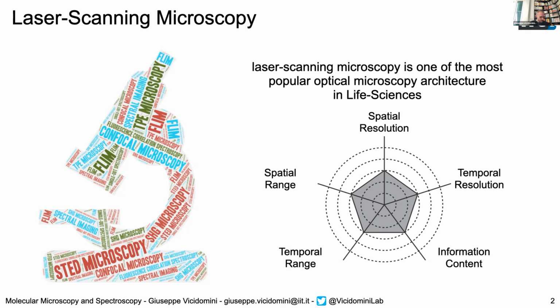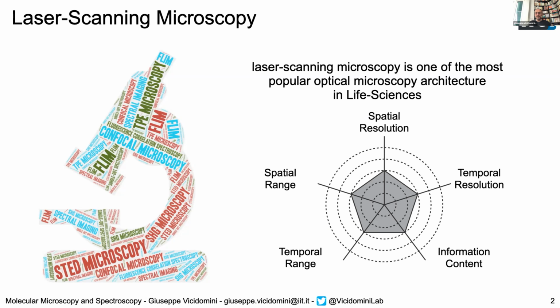I'm sure that in this workshop you touched this topic a lot. It gives you a sort of new dimension to investigate, for example, the physiology of your sample, or in any way to make functional imaging. Or fluorescence fluctuation spectroscopy, that allows you to observe biomolecular dynamics directly inside living cells.